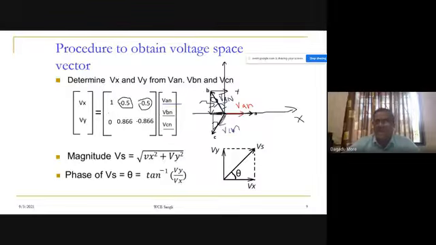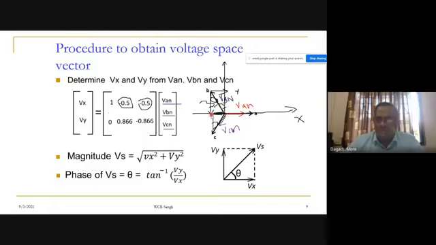This is the AN as it is. A component of CN along x-axis is this. So we resolve the components VAN, VBN, VCN along the x-axis. As VAN is along the x-axis as it is, its value will be 1. This is VBN.